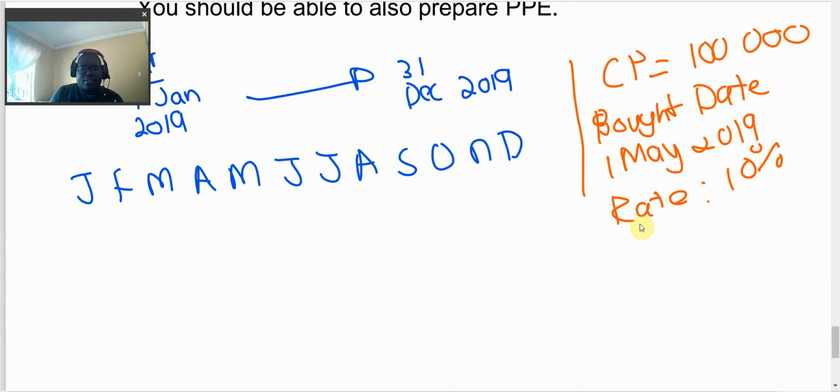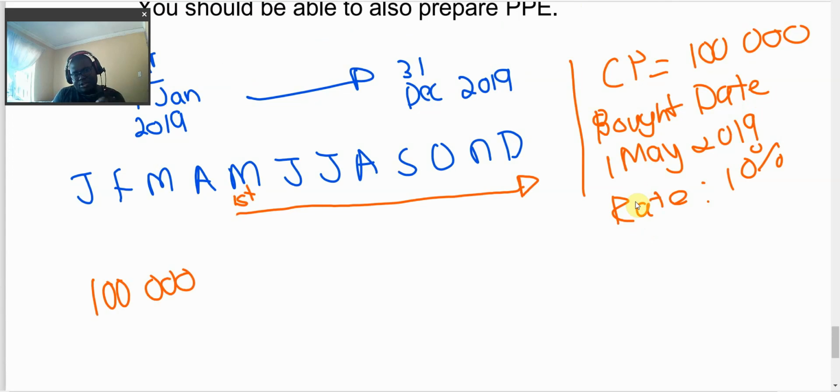And then if it's January, February, March, April, May, it means we bought it here. We bought it here on the 1st. So our depreciation, we're supposed to calculate from here until December. And then we know that our cost price is 100,000. So we're going to have 100,000 here. The next element that you're going to need to calculate is the number of months.